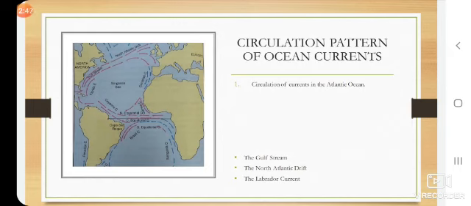In its northern extension towards Europe, the North Atlantic Drift is a powerful, warm and swift Atlantic Ocean current. The Gulf Stream is also, as I said, a powerful source of renewable power generation. So the North Atlantic Drift is a warm Atlantic Ocean current, and the Gulf Stream also is a warm Atlantic Ocean current.